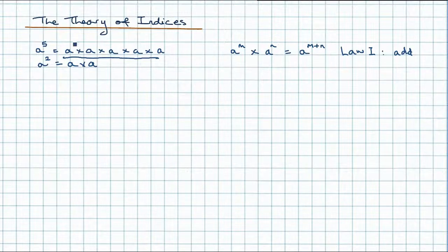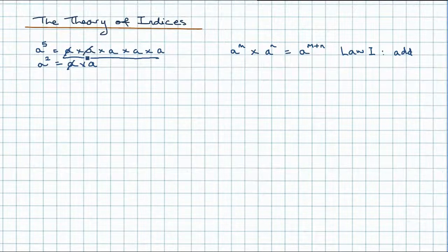Well, we know that with fractions we can simplify fractions by dividing the top and dividing the bottom by the same number. So if we divide the top by a, we'll have a divided by a, which will just give us 1. So we can cancel this, do the same to the bottom, cancel top and bottom. So we simply have 1 now times a times a times a times a, and 1 times a at the bottom, giving us simply a times a times a divided by a.